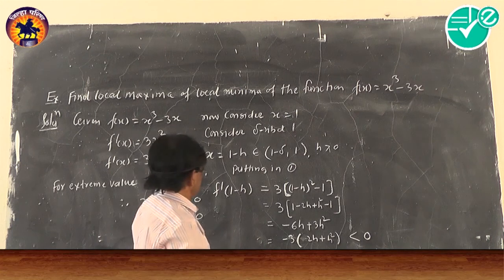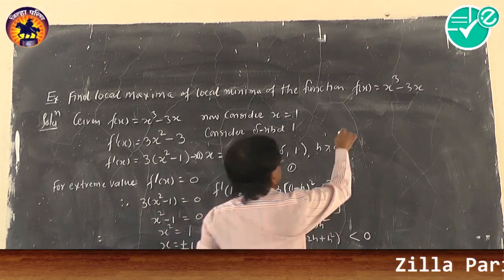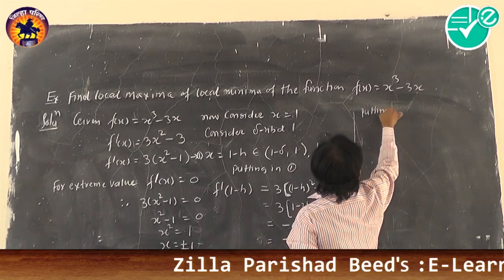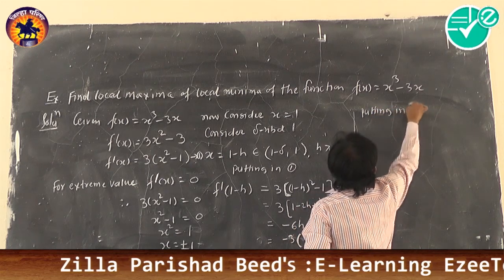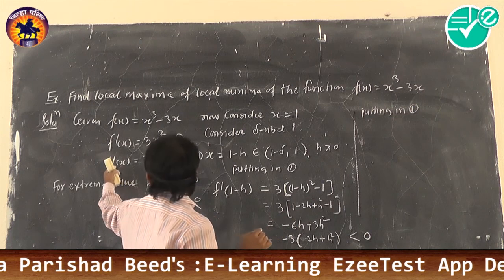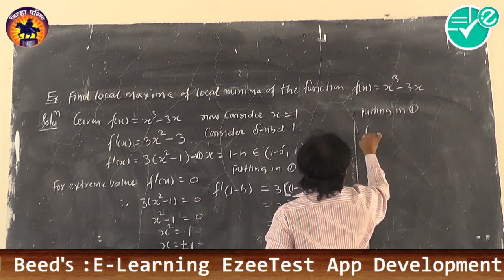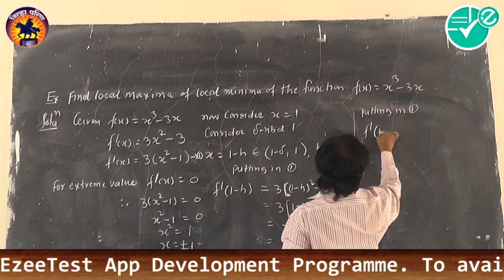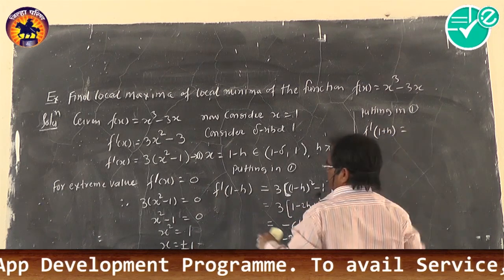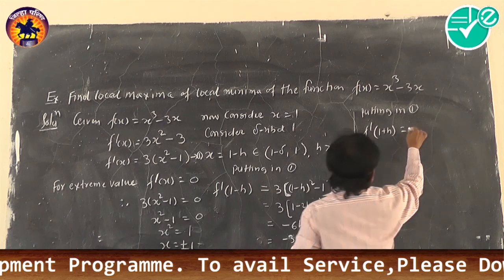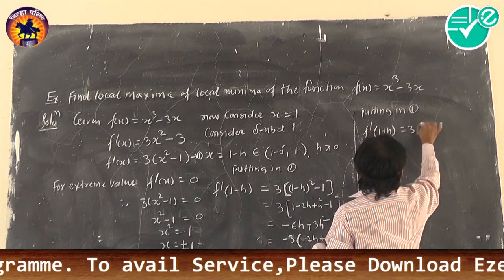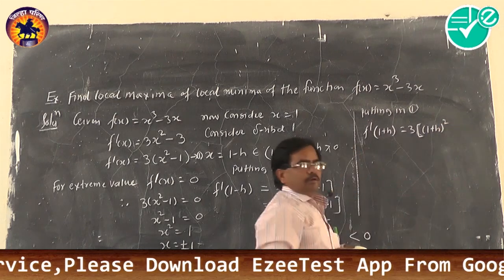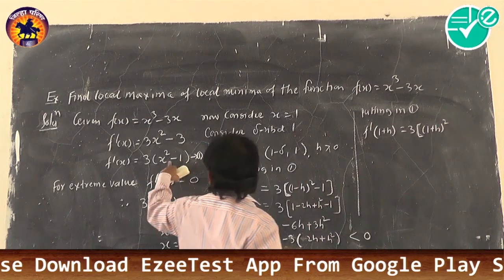Now put x is equal to 1 plus h in equation 1. f dash of 1 plus h is equal to 3 into (1 plus h) whole square minus 1.